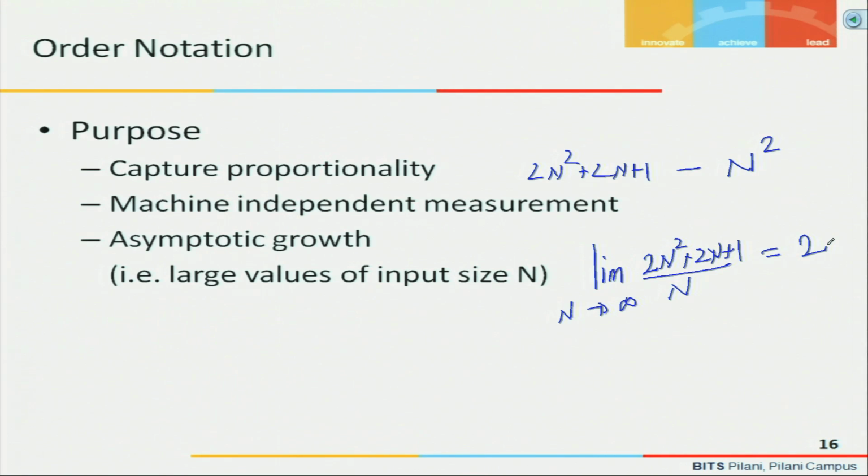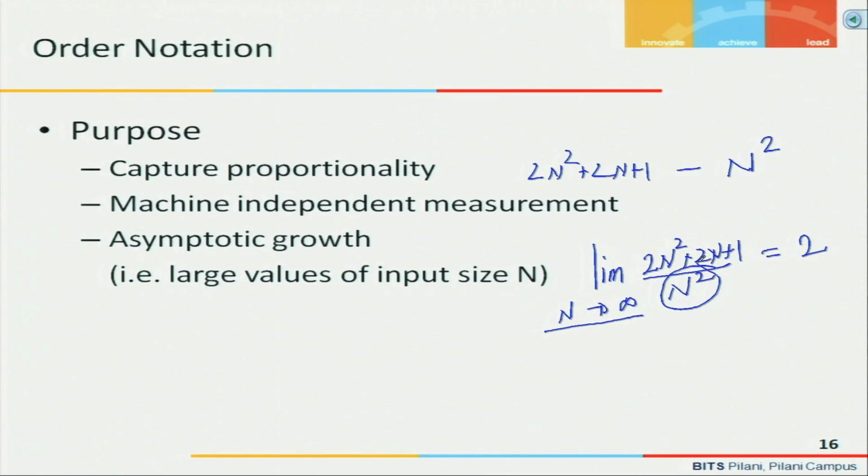That is, for large values of n, the numerator is nearly behaving as the denominator. That precisely is what asymptotic growth means.